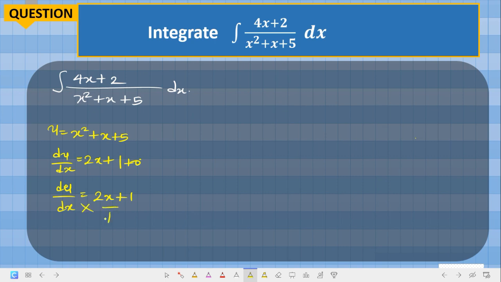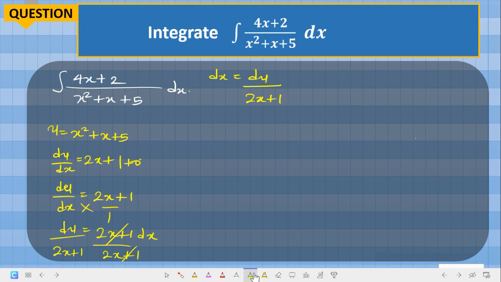Cross multiplying, this times this, it will give us du is equal to 2s plus 1 ds. To make ds the subject of the formula, divide both sides by 2s plus 1. So this cancels this, and our ds is what? Du all over 2s plus 1.